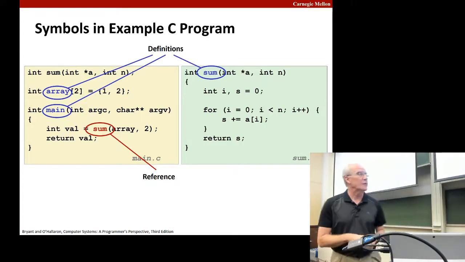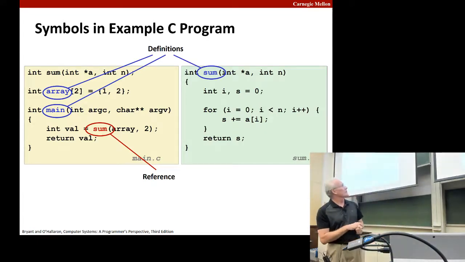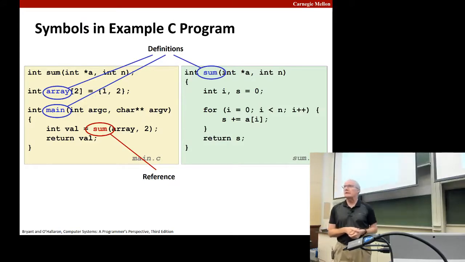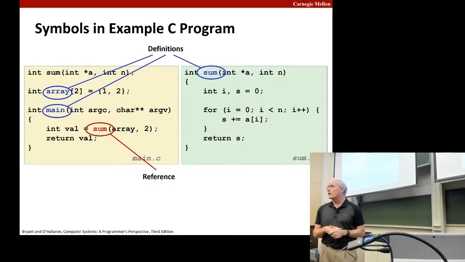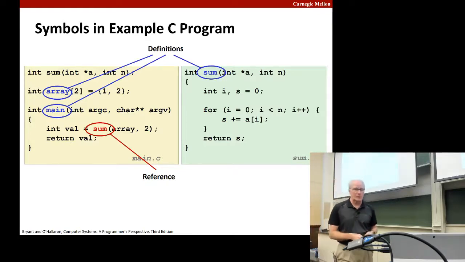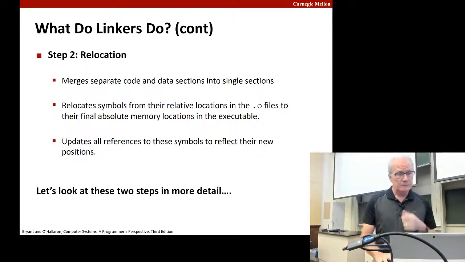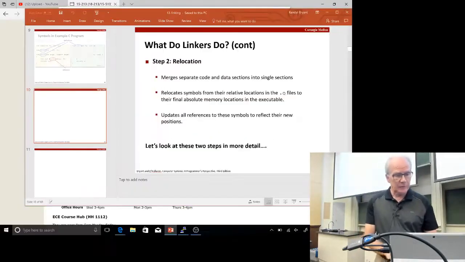One thing you'll notice is that argc, argv, val, those aren't symbols because they're just locally declared or locally used variables. And so the linker doesn't know anything about them. Only these things that somehow have a global extent or involve global declarations exist in a way that the linker even knows about. So let's actually just look at some examples.